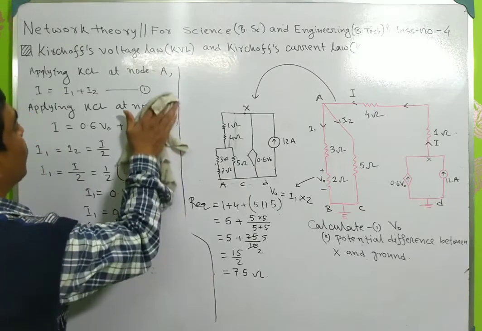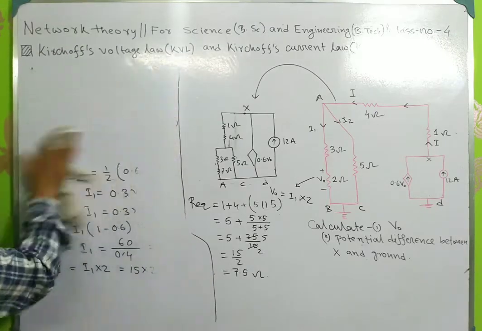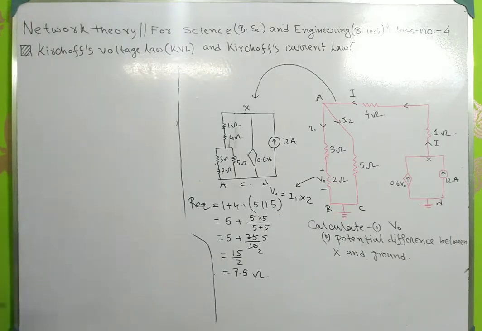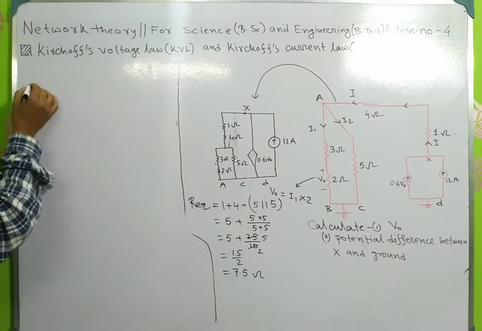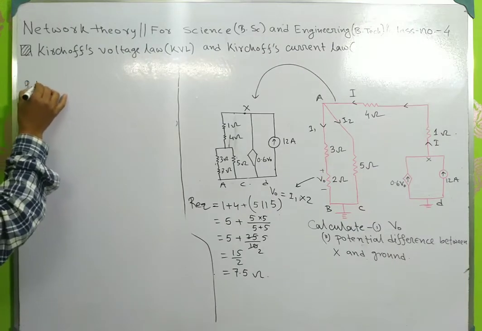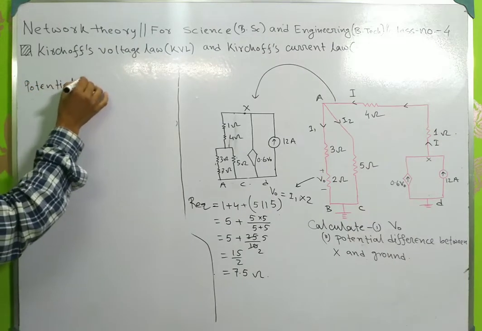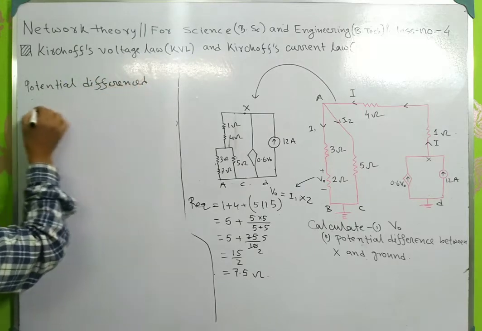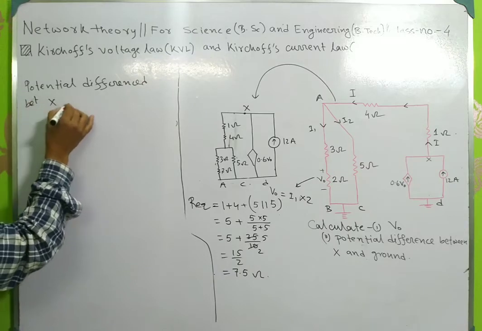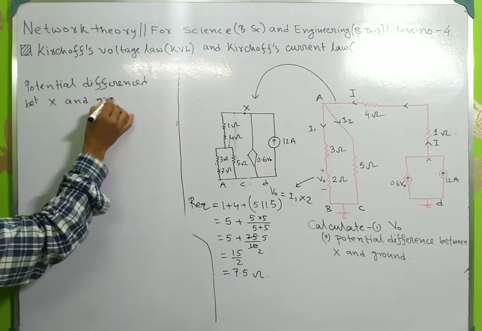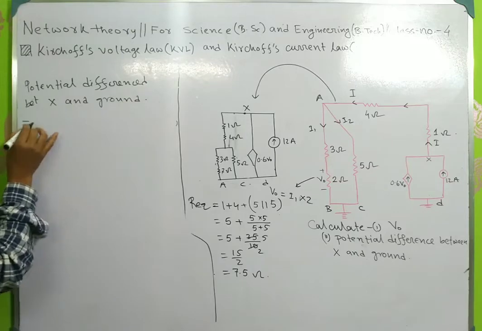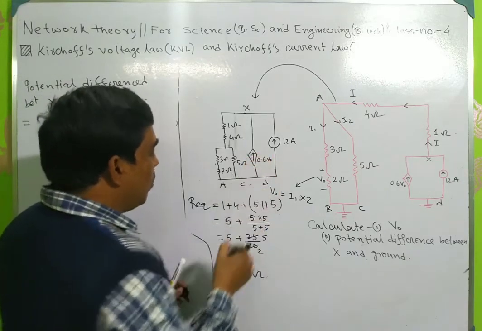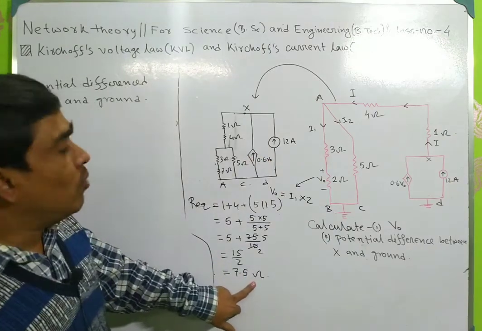Now the potential difference between X and ground equals, these two currents are flowing through this 7.5 ohm.